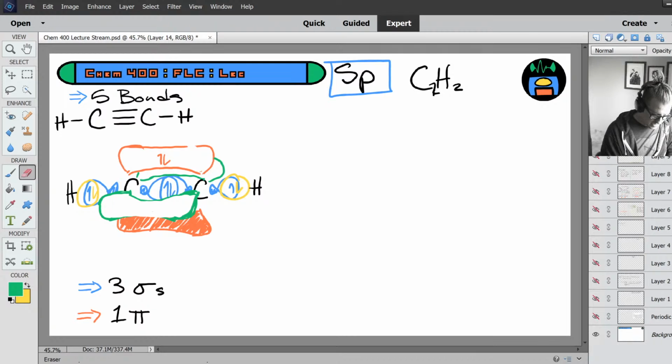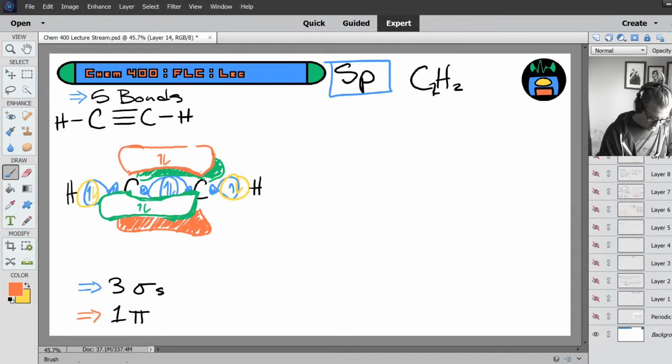This allows us to make a second pi bond and a second pi orbital. This allows the electrons to meet in the middle. One of these two lobes needs to be shaded. I just want to emphasize that that shaded lobe is behind this.